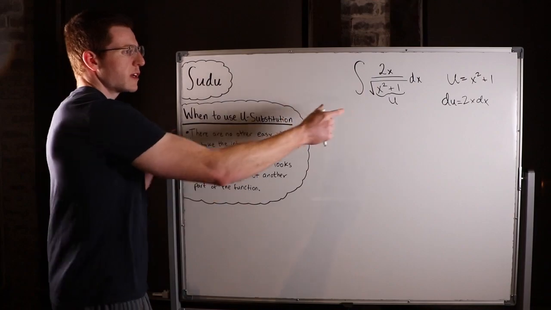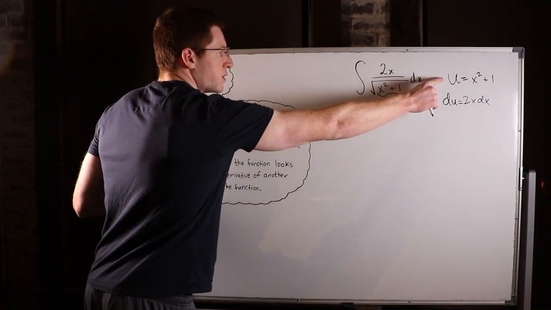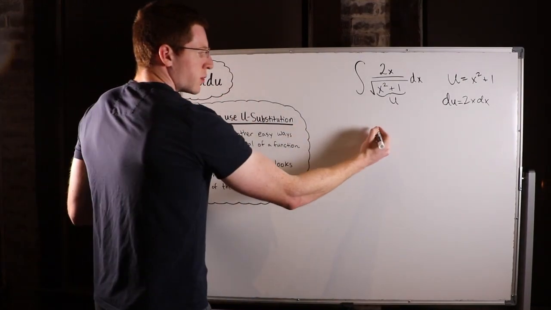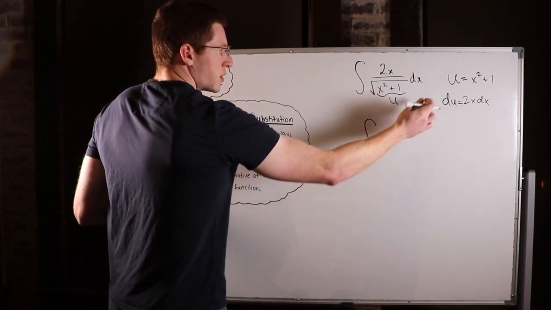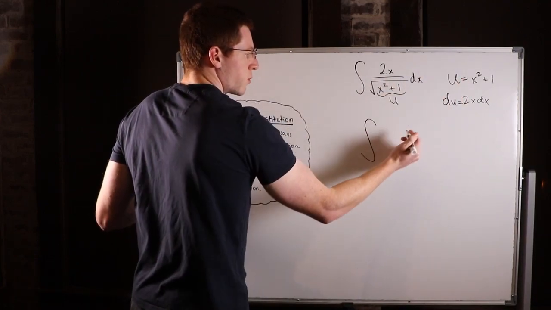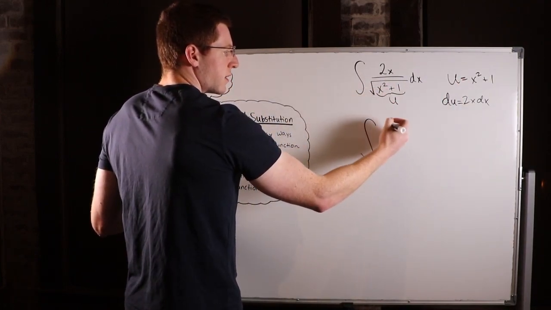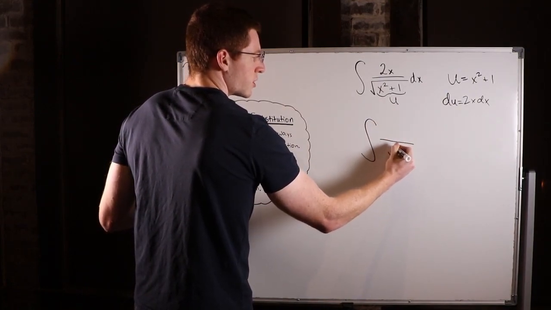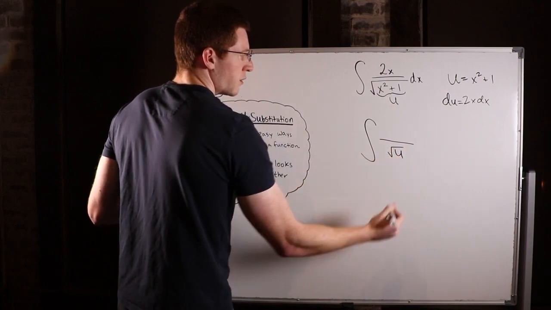So now we want to rewrite this function in terms of u and du, like this, right? If I want to rewrite the function in terms of our new variables u and du, well, I know that u is x squared plus 1, so to get that down here, I want to put that in the denominator and say the square root of u, right?